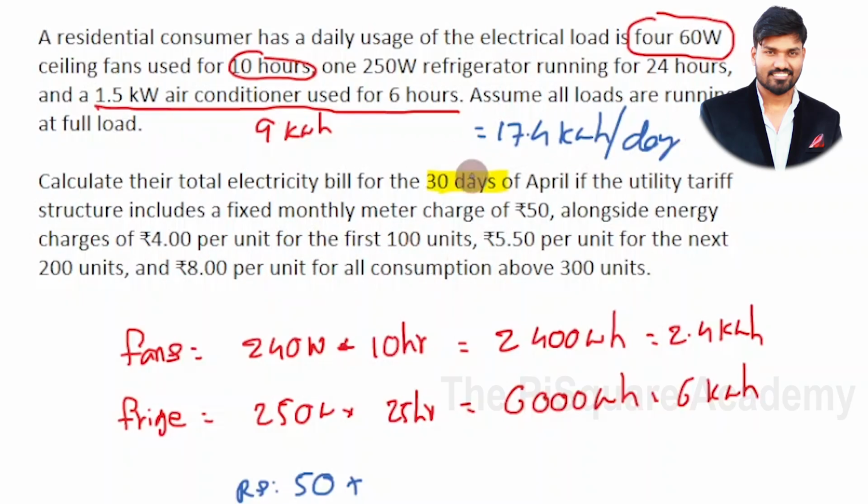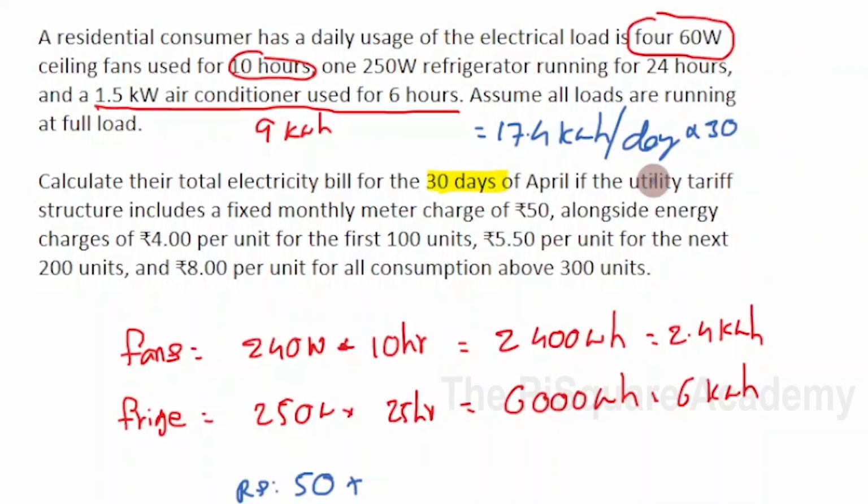So total units: 17.4 into 30 will give you total units for 30 days. You will get 522 units. 522 kilowatt hour means 522 electrical units. 1 kWh is 1 electrical unit.